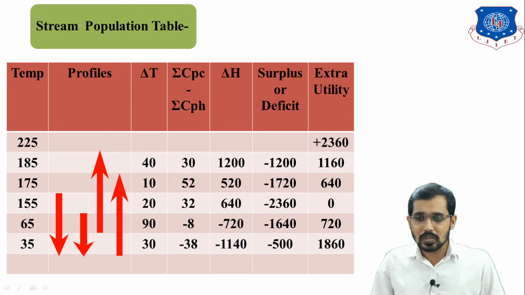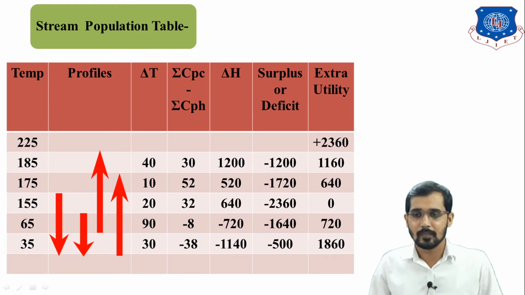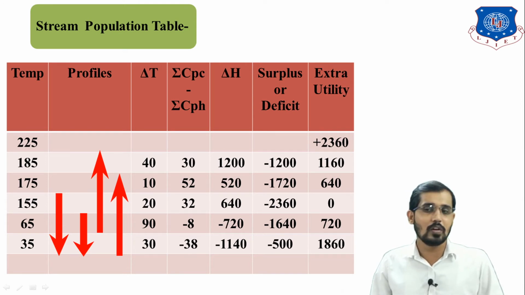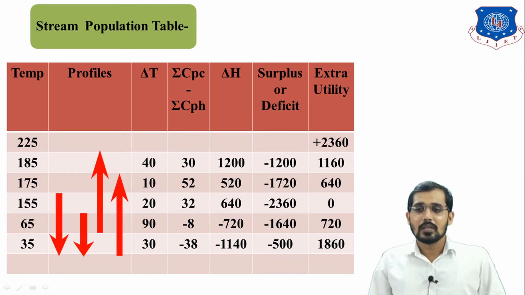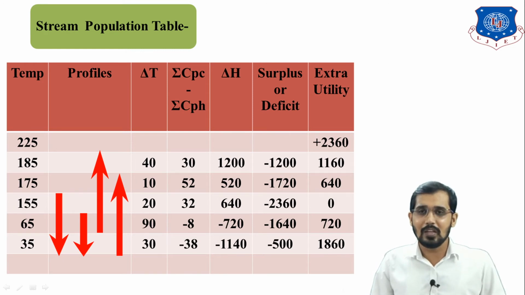These two streams are not available in this region, so CPH is equal to 0, because there is no hot stream available. H1 and H2 are both available in this region only, not in this 185 region. So you have to consider only the C1 stream, because the C2 stream is also not available here. So the C1 stream's specific heat is 30.